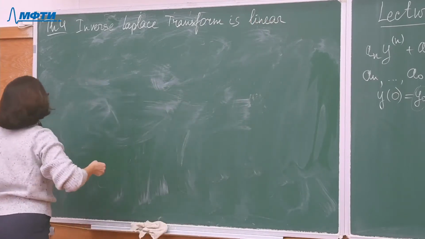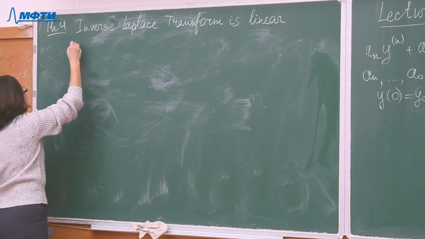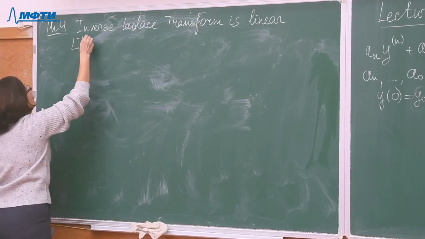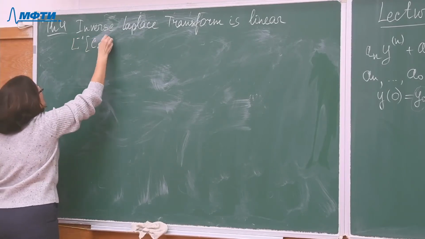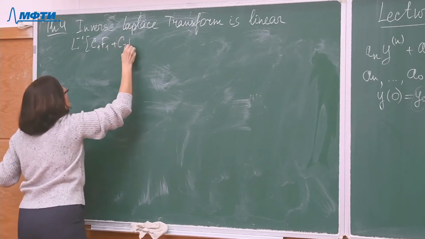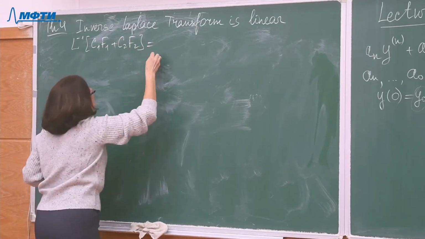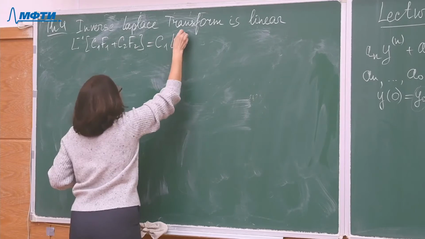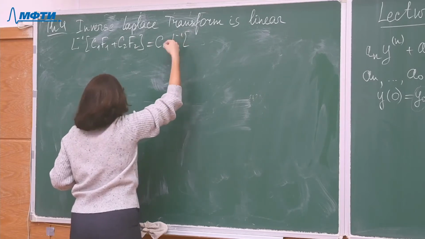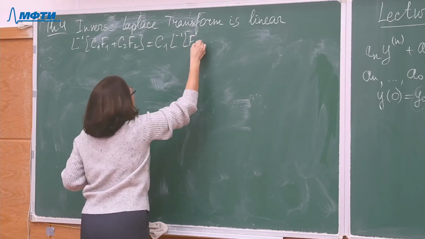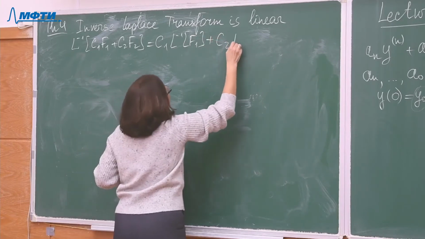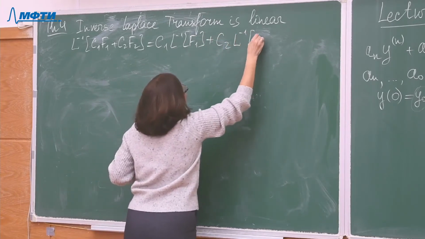That is, if C1 and C2 are constants, then L inverse of C1 F1 plus C2 F2 is equal to C1 L inverse of F1 plus C2 L inverse of F2.